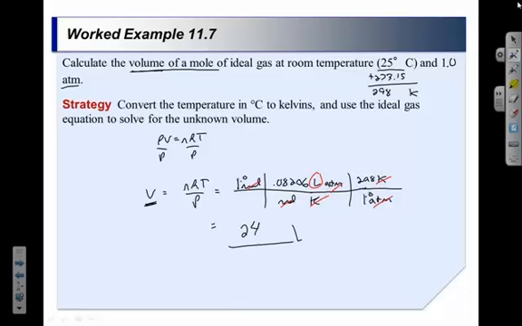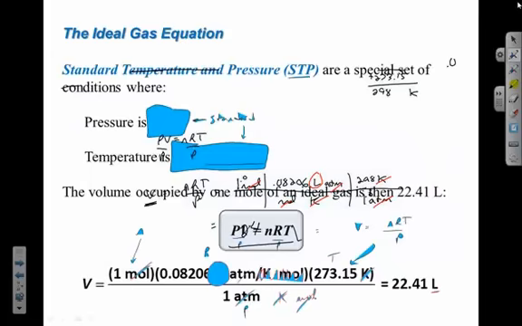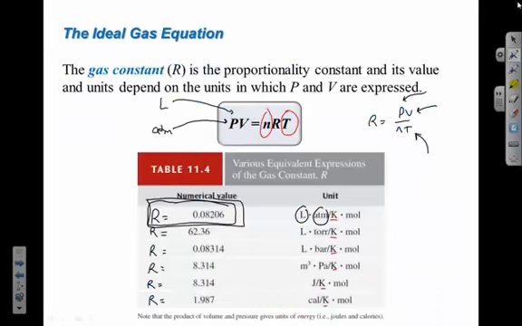Questions about that? A joule is a unit of energy, and it turns out when you multiply pressure times volume, that equals energy.